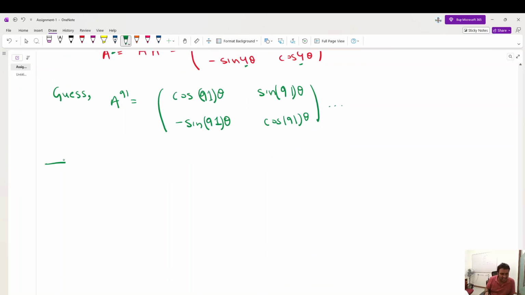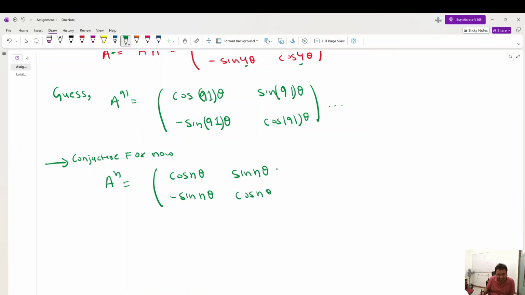So what we conjecture? Conjecture means we don't know if it is true or not. Conjecture for now, a to the power n should be cos n theta sine n theta minus sine n theta cos n theta, right?